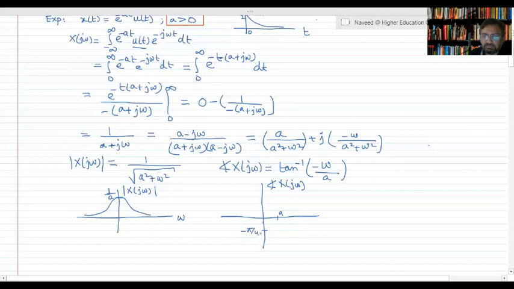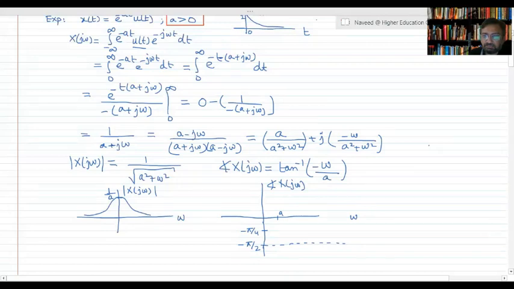And when omega increases, for large positive values of omega, tan inverse approaches minus pi by 2, and this minus pi by 2 acts as an asymptote for this function.